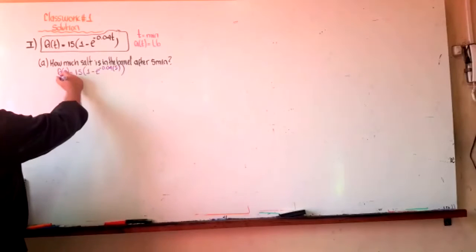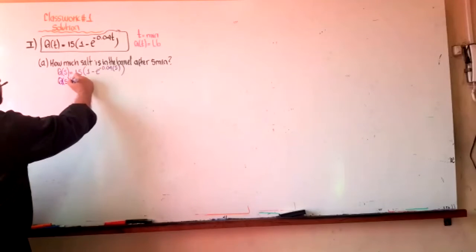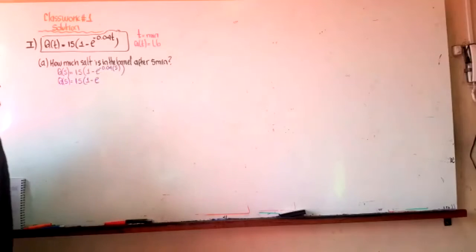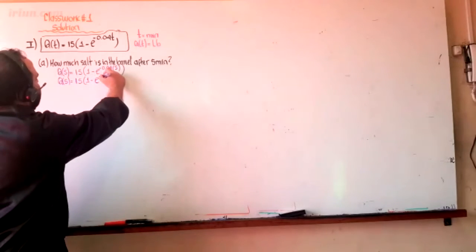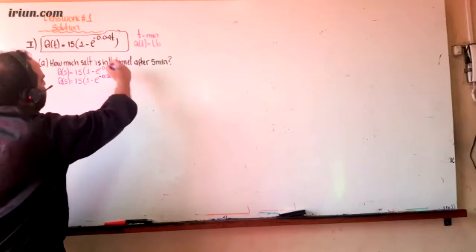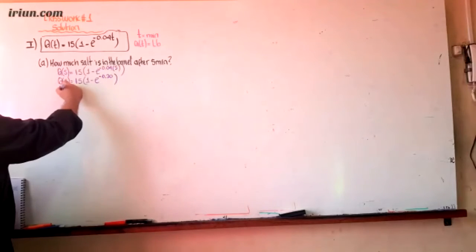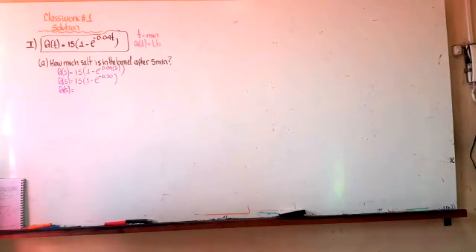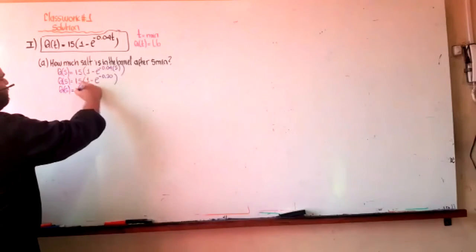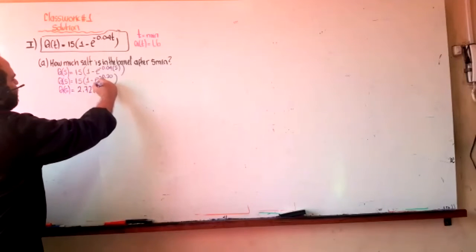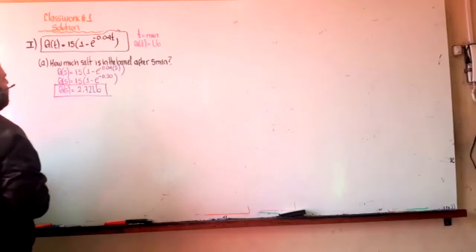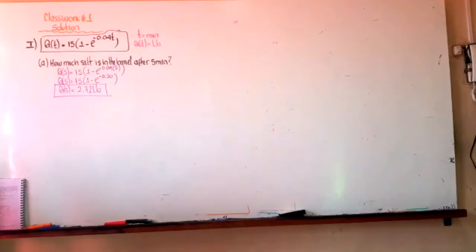In simpler words, Q(5) will be equal to 15(1 minus e to the negative 0.20). So this answer is 2.72 pounds. We must use the calculator, and that's it. This is the solution for the first question: how much salt is in the barrel after 5 minutes?